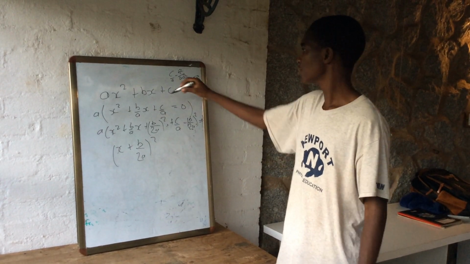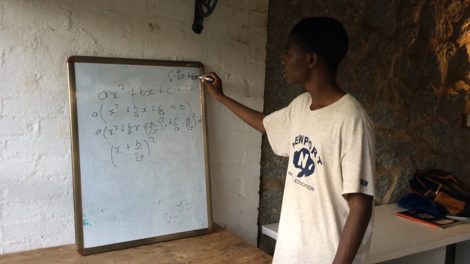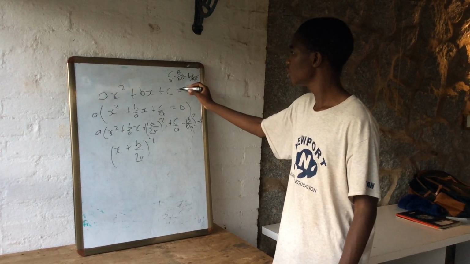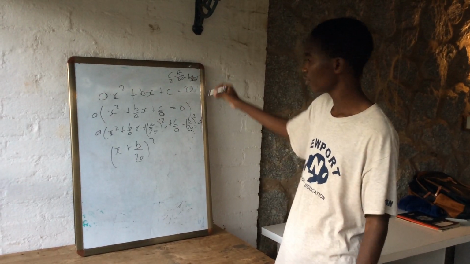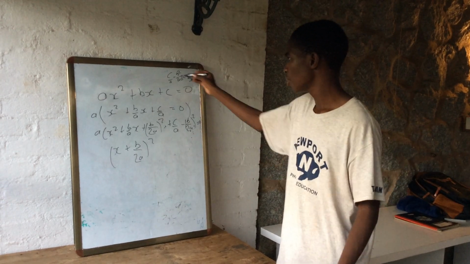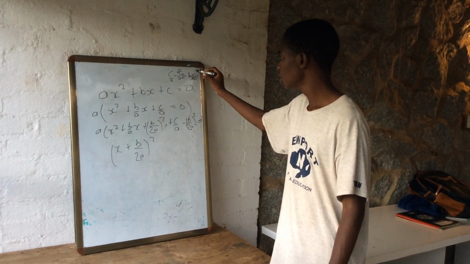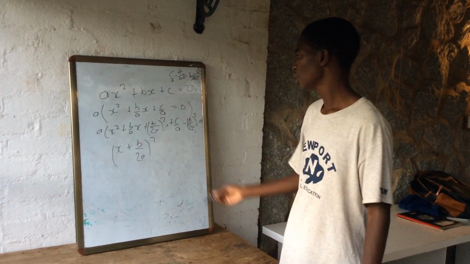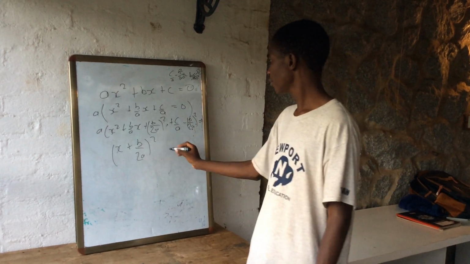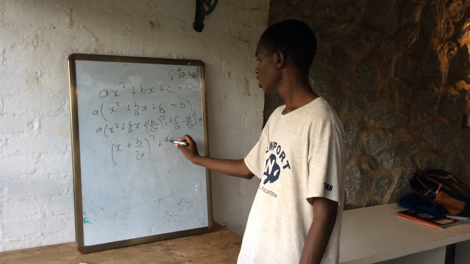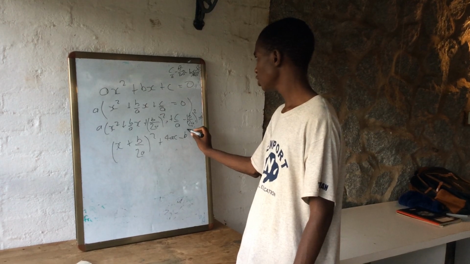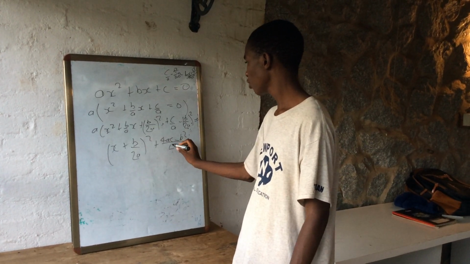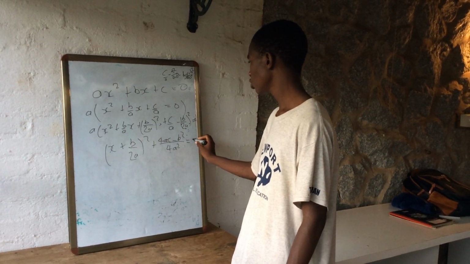So 4a times c, you get 4ac. Then 4a squared into b squared over 4a squared, you just get minus b squared. So what do we have here? You just have plus 4ac minus b squared over 4a squared equals 0.